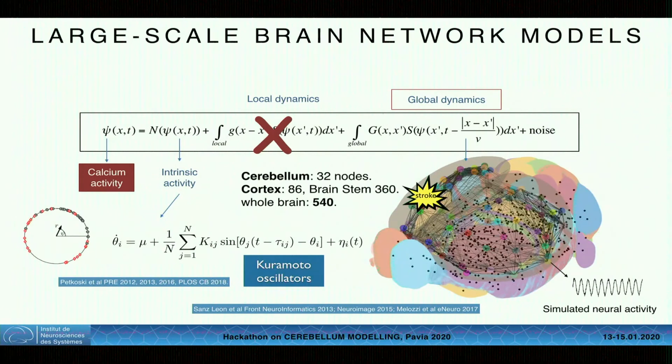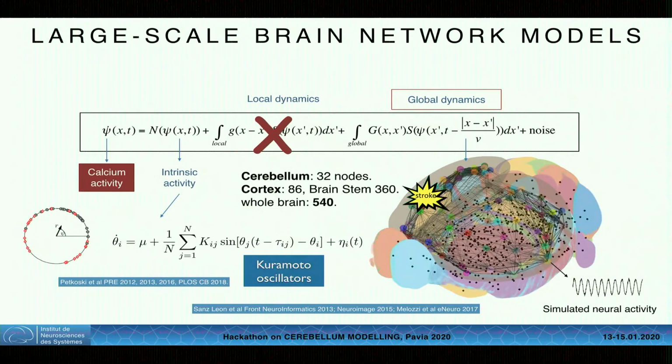So simply, if we don't have more detailed information, and if the problem that we are describing, like in this case, is coactivation, synchronization on different brain regions, it's fine to use Kuramoto oscillators. But if we are interested, for example, in modeling how epilepsy propagates or some spikes, then we need a model that is able to describe that.